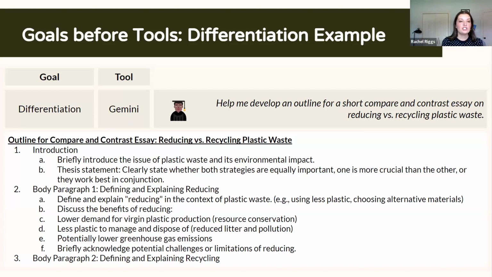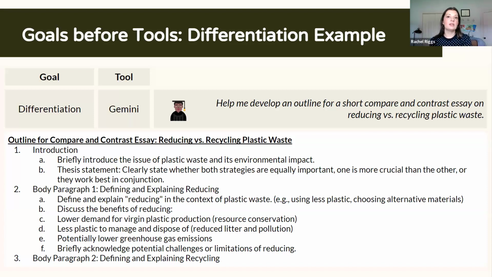If I want to differentiate and I want learners to be using generative AI to support the writing process at different levels, then I can factor in what they have access to and select a tool that aligns to my goals. So here I would use something called Gemini, which is almost exactly like ChatGPT.